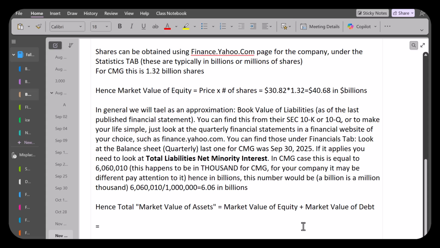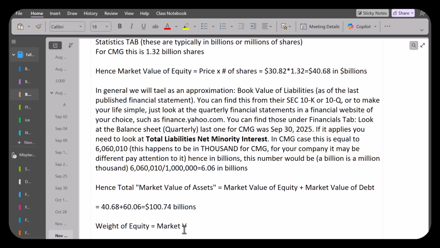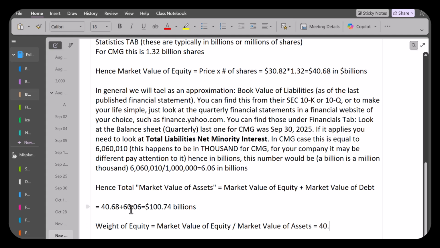And 40.68 plus, hence rate of equity is market value of equity divided by market value of assets. 40, no, this is 6.06. And you're not telling me that I was doing it wrong.